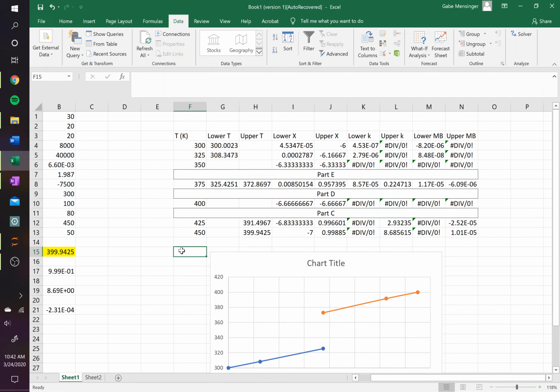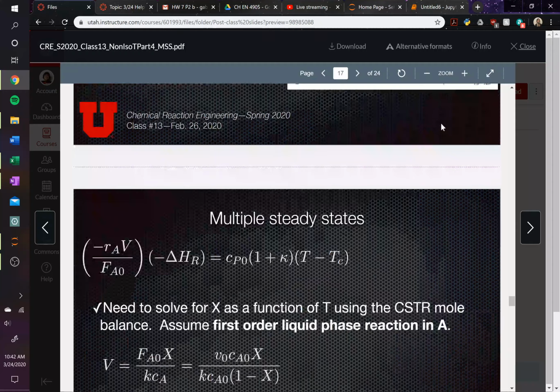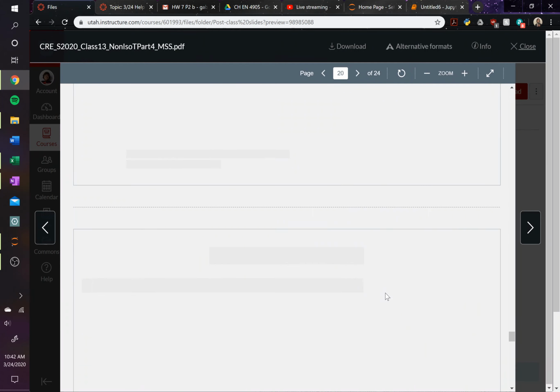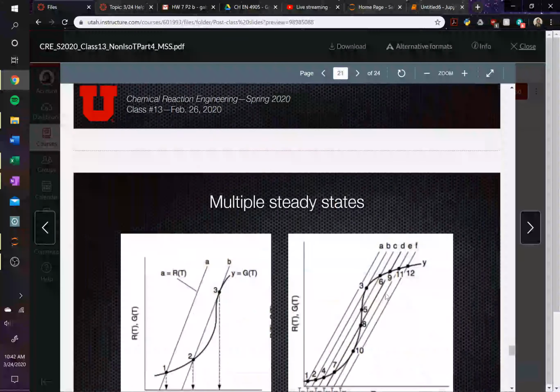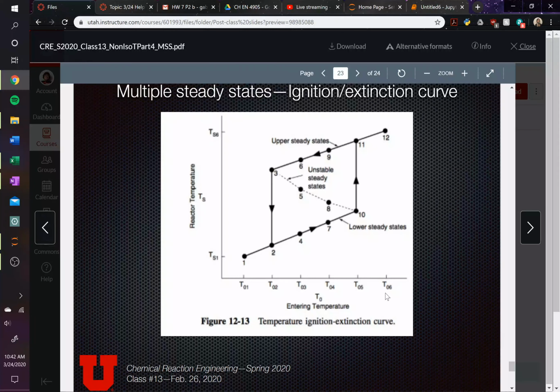So what we are expecting to get out of this problem is essentially an ignition extinction curve. Something like this.